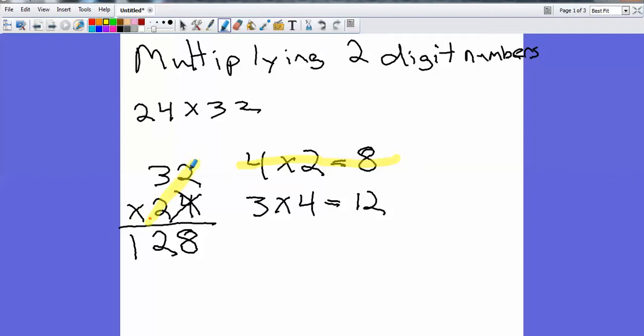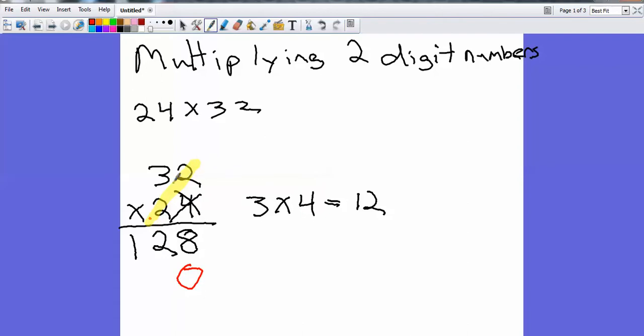You're not really multiplying 2 times 2. What you're really doing is multiplying 20 times 2. Before we can do anything else with that, we have to put a 0 right here because you're technically multiplying by 20.